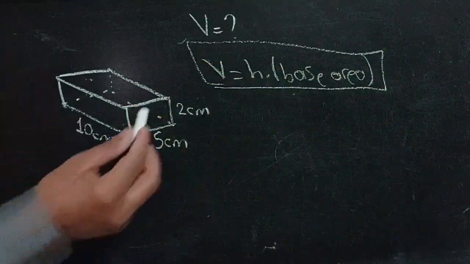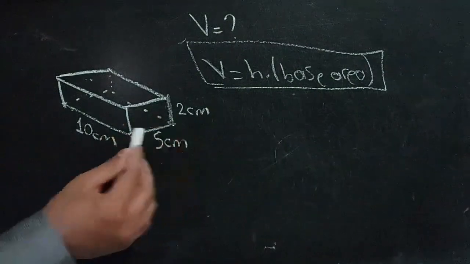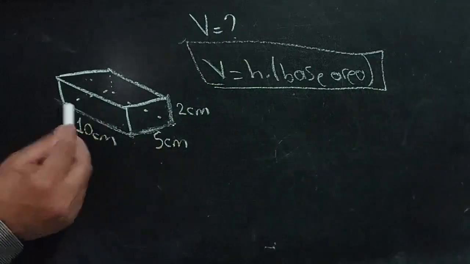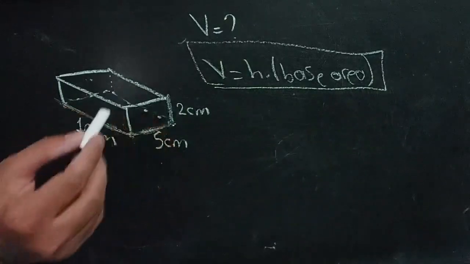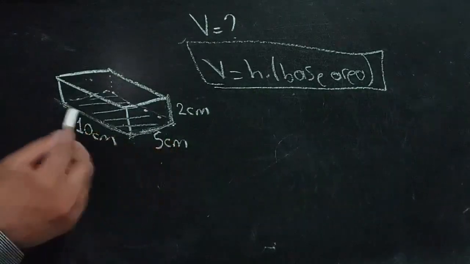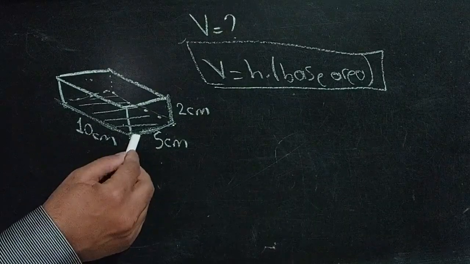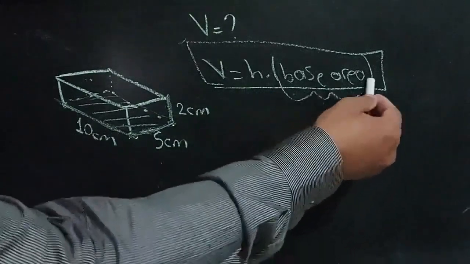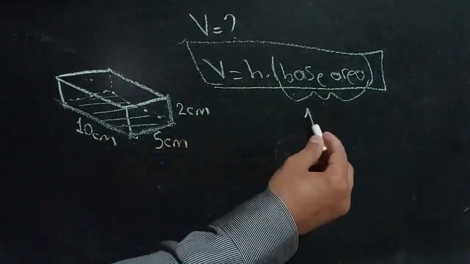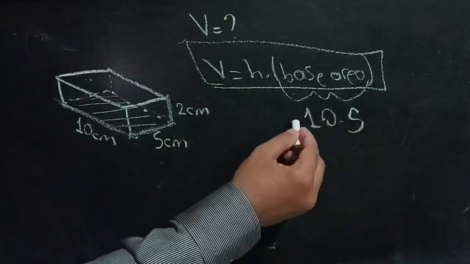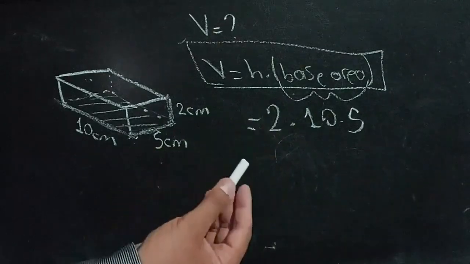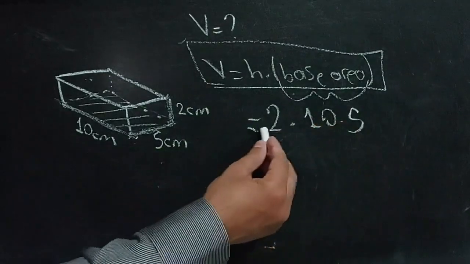For this shape, this is height and this one is base, and the base is a rectangle. For the rectangle, area is this side times this. So that means my base area is going to be 10 times 5, times height, which is 2. I just need to multiply all those three numbers to each other.